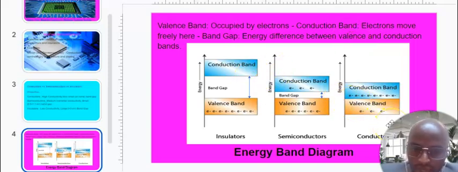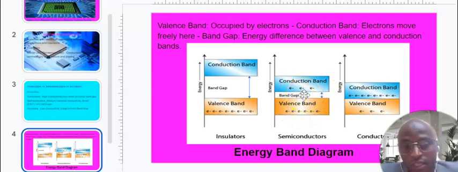Here is an energy band gap diagram of what we have just discussed. From my right, you can see the conductors, whereby the valence band and the conduction band overlap. For the semiconductors, there is a gap between the conduction band and the valence band, which is what we are calling the band gap.